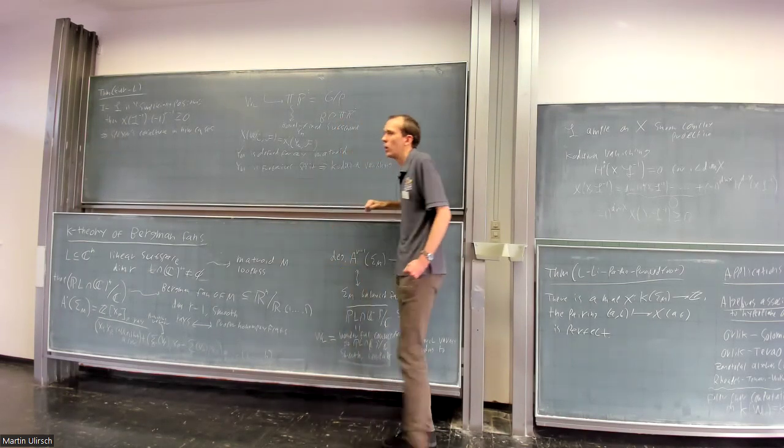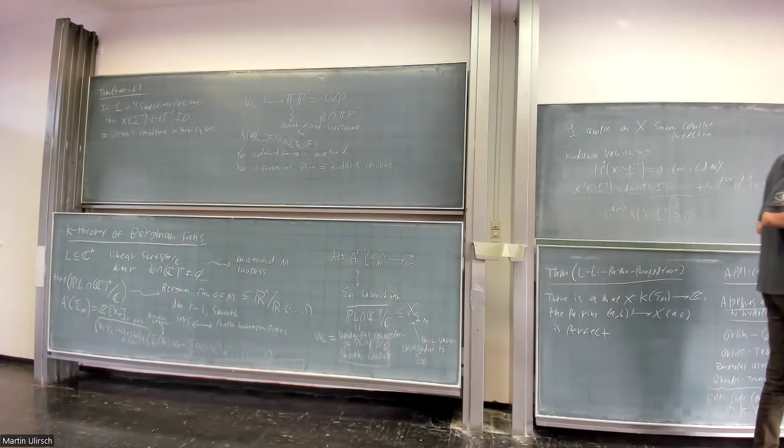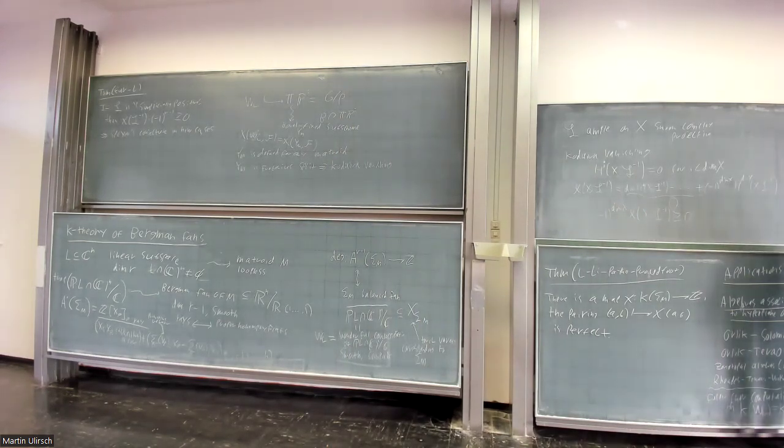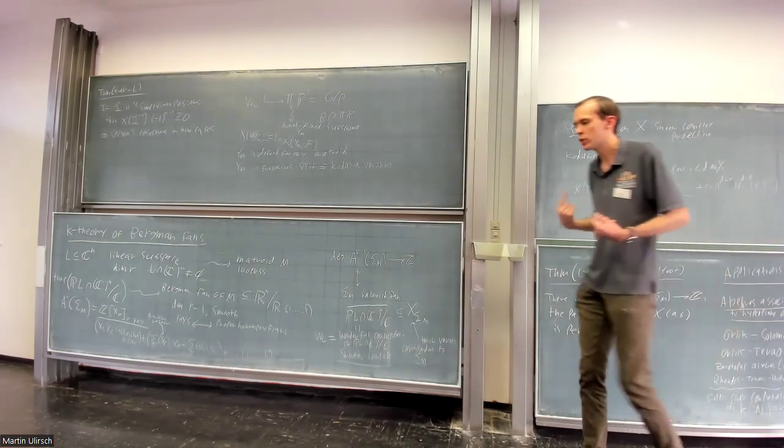So even though Kodaira vanishing fails in positive characteristic, it holds for Frobenius split varieties. And so we can compute our Euler characteristic on this Frobenius split variety, and then we can make use of Kodaira vanishing.